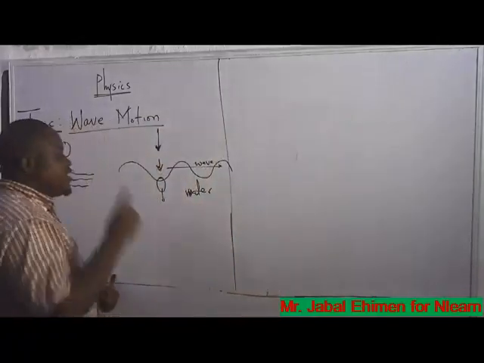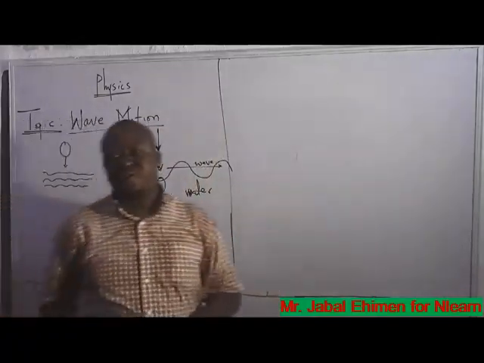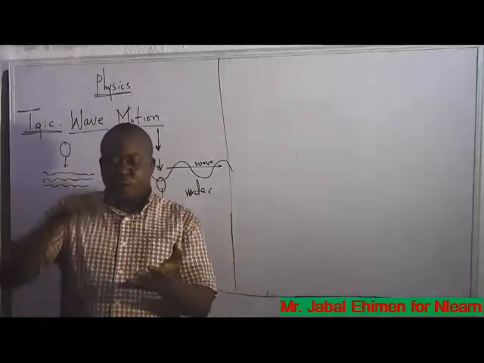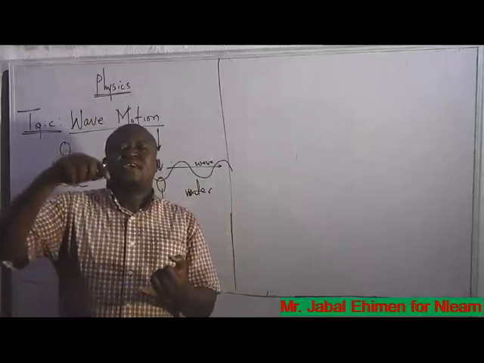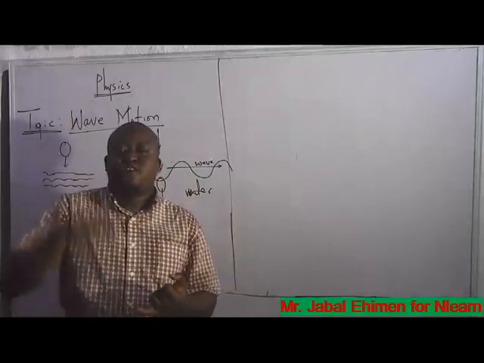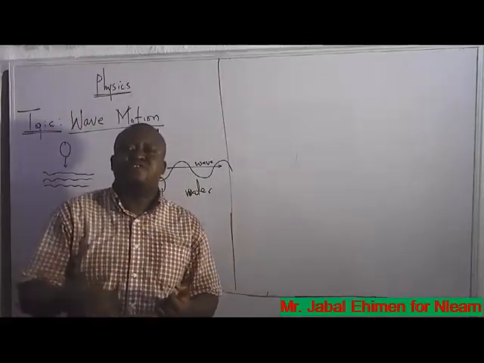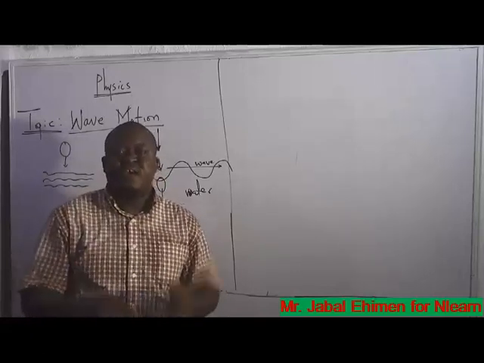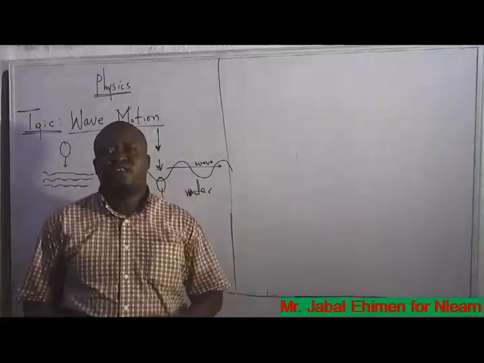So the first thing you must take note of about the definition of a wave, you write this down. One, it does not cause a permanent displacement of the medium molecules itself. Two, it transfers energy from one point to another.